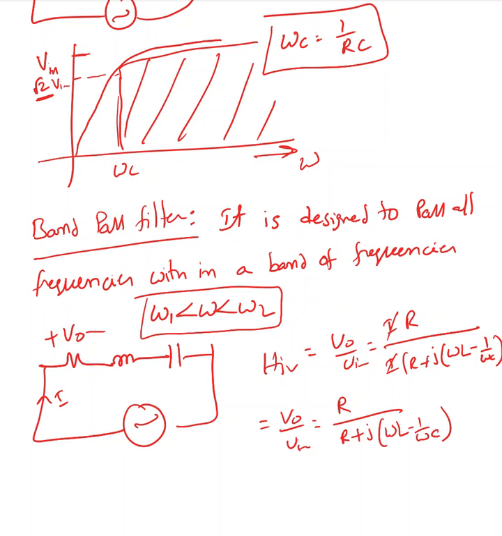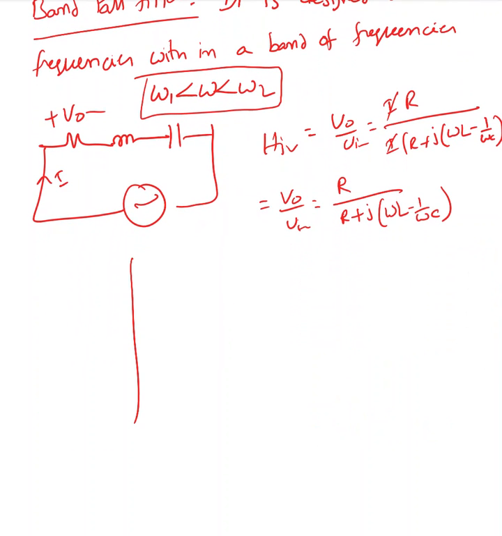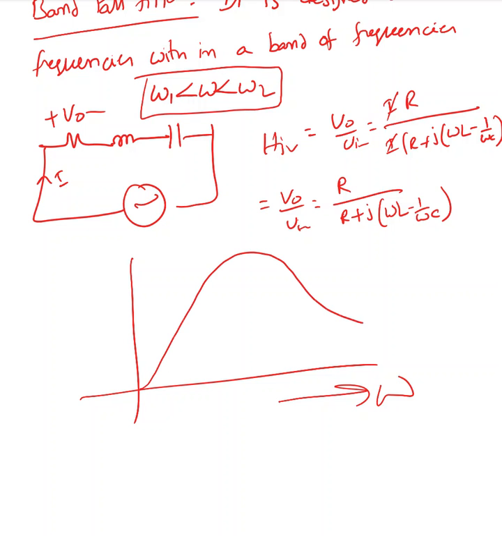Now if I draw the graph, here is my omega. It's going to be something like this. This is my V0. These two are the half power frequencies, omega 1 and omega 2, and this is omega 0.